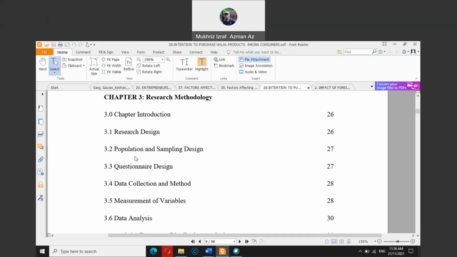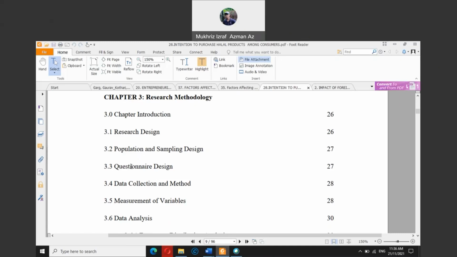And the most important, I think, will be the questionnaire design, because what you put in the questionnaire should contain information that will allow you to answer your research questions. A good questionnaire should be simple and easy to understand, and the questions should be just enough, not too many.